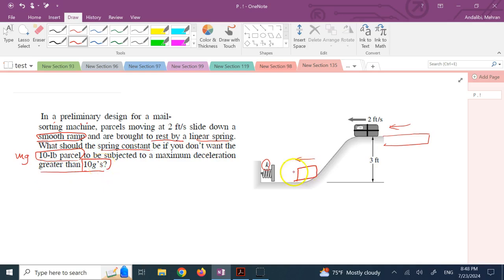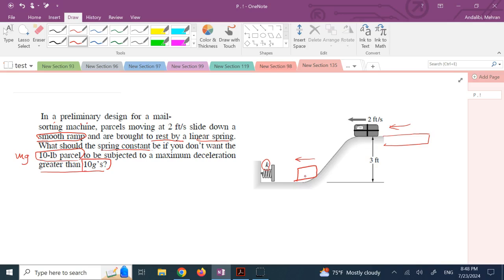When it hits the spring and comes to rest, it is going to go through deceleration. You don't want that magnitude of deceleration anywhere to be bigger than 10g. How much should the spring constant be such that the deceleration does not go beyond that, and that means you don't damage the contents of this luggage, or parcel, whatever you might want to call it.